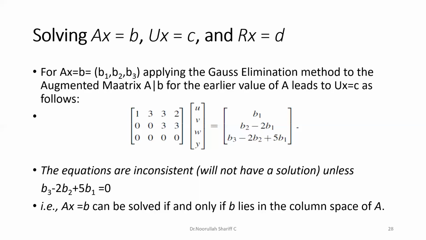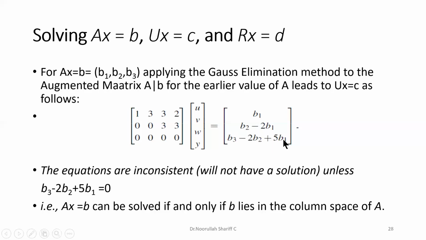Now you can see that the last row is all zeros here. So therefore, this value B3 minus 2B2 plus 5B1 should also be equal to 0 for the sake of consistency.